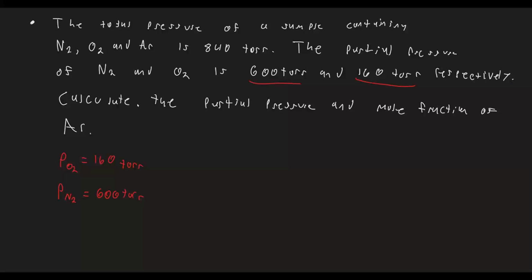And we know that the P total is 840 torr. We need to know the partial pressure of argon.